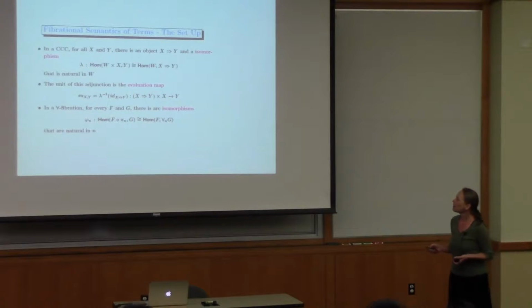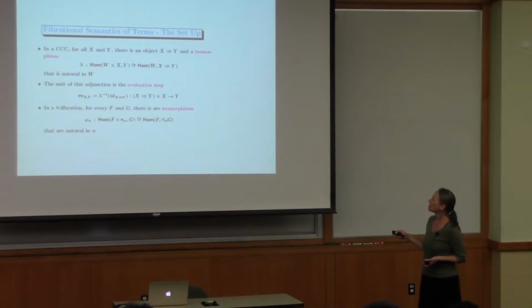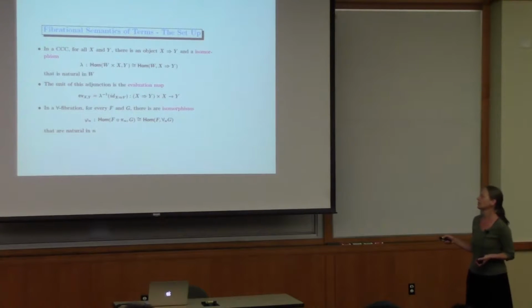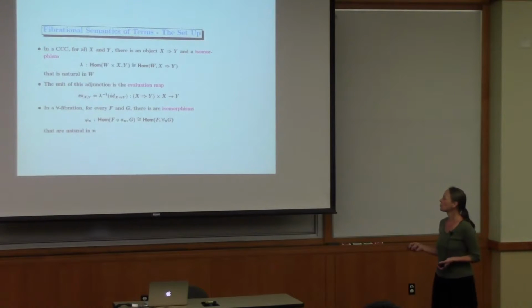And so I've got this isomorphism called lambda. And also, because I'm in a for all fibration, I have this other isomorphism called phi sub n. Well, it's like a family. And what does it do? Well, remember that there's a relationship between projection and for all. And the relationship can be captured in this isomorphism.